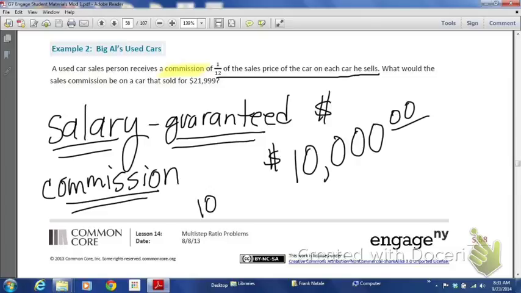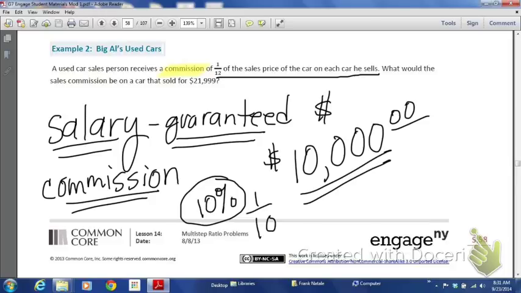I'm going to use 10% because it's a little bit easier. 10% commission would actually be 1/10 commission. So if I take 1/10 or 10% of this $10,000, that's going to be $1,000. So here's my commission. I get paid that. I don't get paid a salary, I don't get paid any regular amount of money, but I get paid this commission.